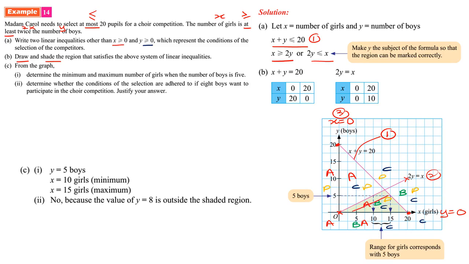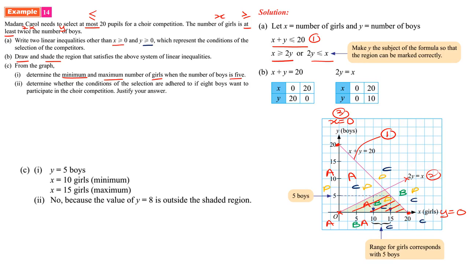So we draw the line to shade the common region. Okay, C. From the graph, determine the minimum and maximum number of girls when the number of boys is 5. The number of boys refers to the y-axis. Okay, 5 boys.